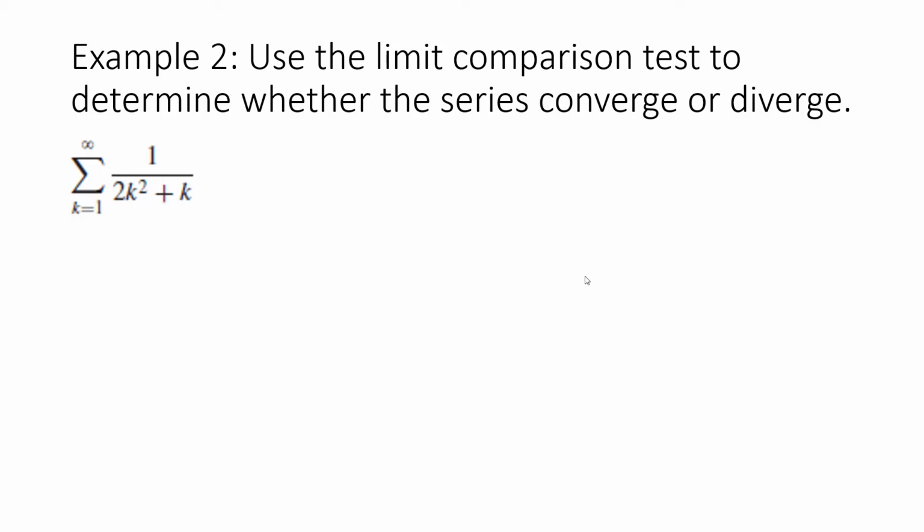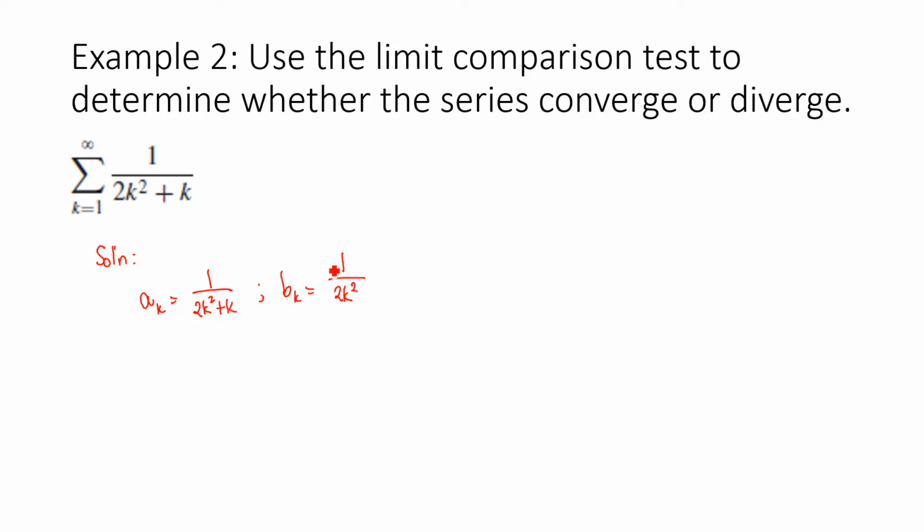To prove that the given series converges, we will apply the limit comparison test. In this case, for our solution, our a sub k would be 1 over 2k squared plus k, and our b sub k would be 1 over 2k squared.